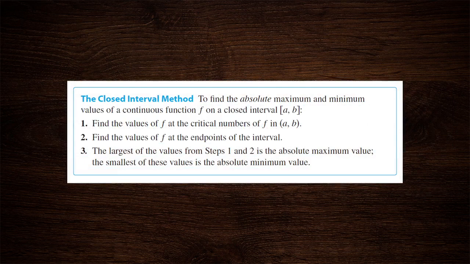Now, if the function is continuous, there's no problem, no? But there are some factors we may encounter with a given function and a given interval, just like what we solved earlier. So we have what we call the closed interval method, to find the absolute maximum and minimum values of a continuous function on a closed interval.